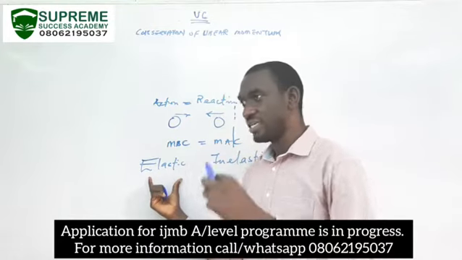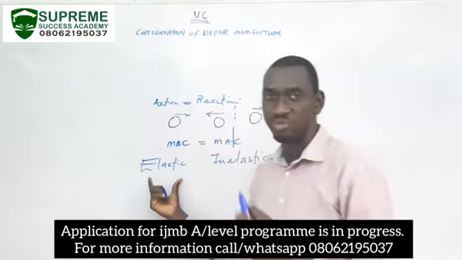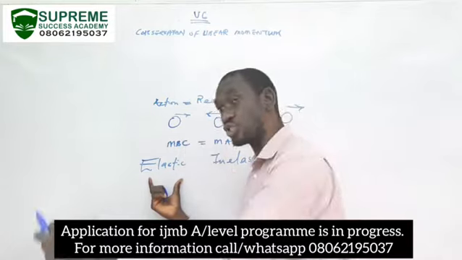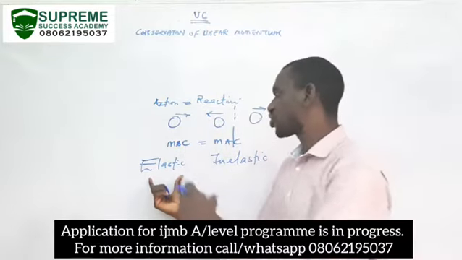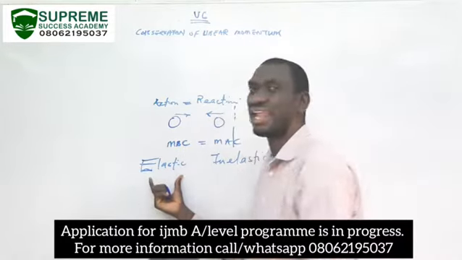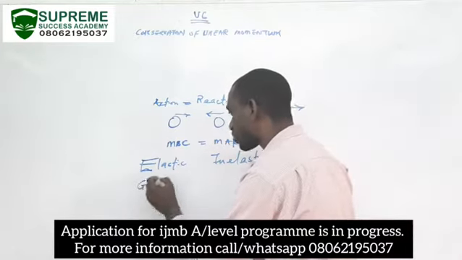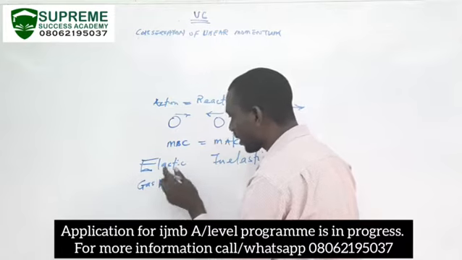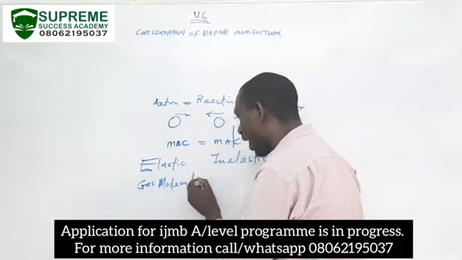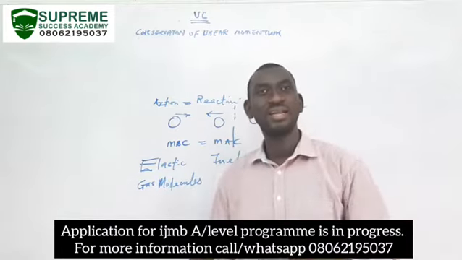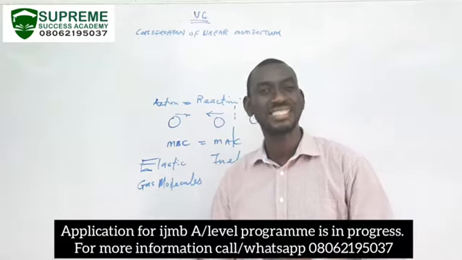That is, there is no loss of momentum and there is no loss of kinetic energy. Such a scenario of elastic collision happens with gas molecules. When gas molecules collide together, we said they undergo what we call perfectly elastic collision.